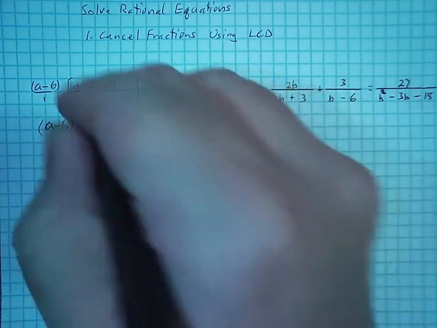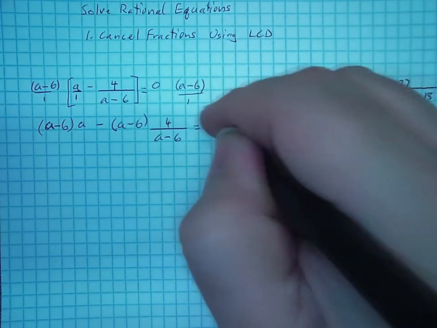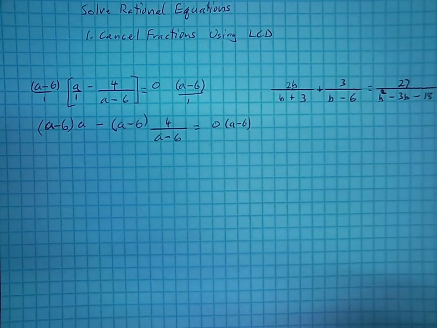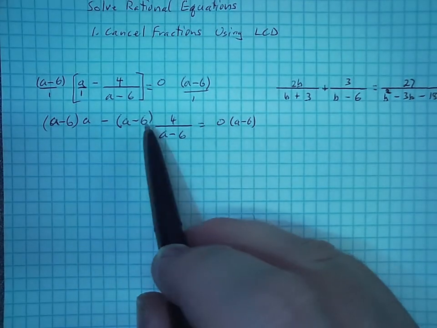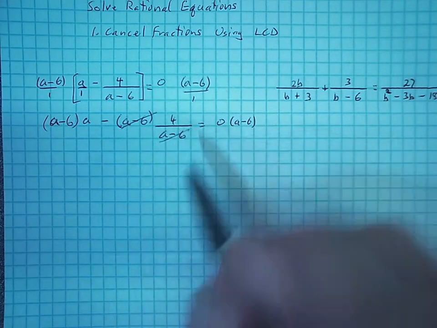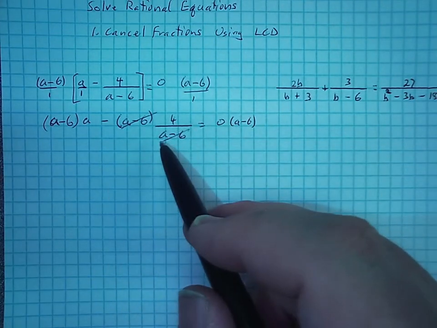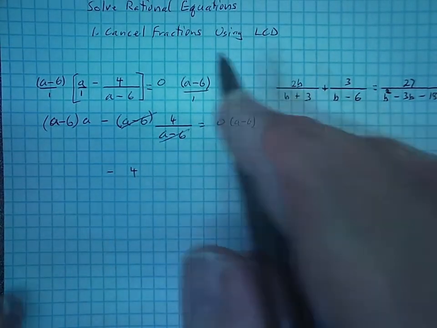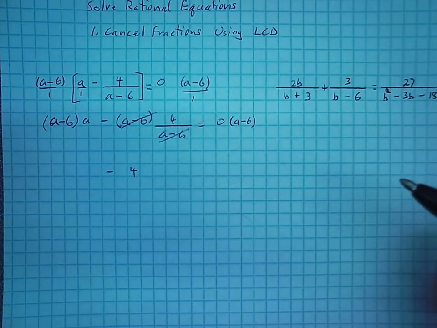So because of the subtraction over here, we have to distribute. And every term gets multiplied by a minus 6. The important part of this is that the term with the fraction, the a minus 6, cancels. So the fraction is not a fraction anymore. It's just minus 4. And that's the whole point of canceling fractions using the least common denominator.